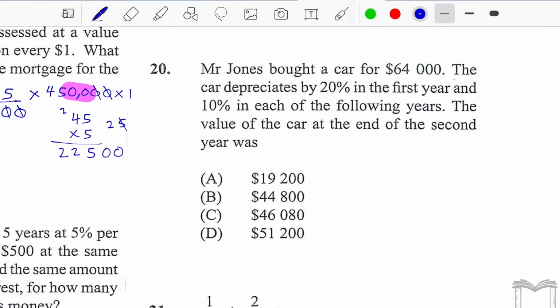Number 20. Mr. Jones bought a car for $64,000. The car depreciates by 20% in the first year and 10% in each of the following years. The value of the car at the end of the second year was... So we'll work out the depreciation for the first year and then from that point the second year.